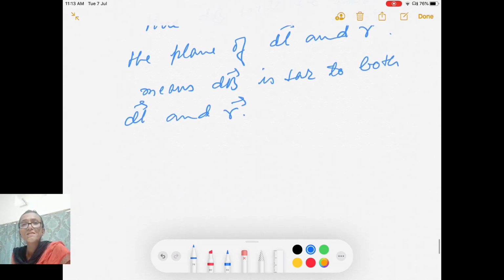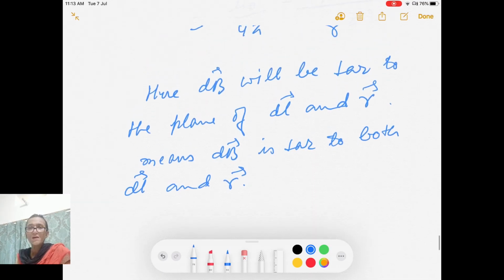Now, what are the differences and what are the similarities between Biot-Savart's law and Coulomb's law?